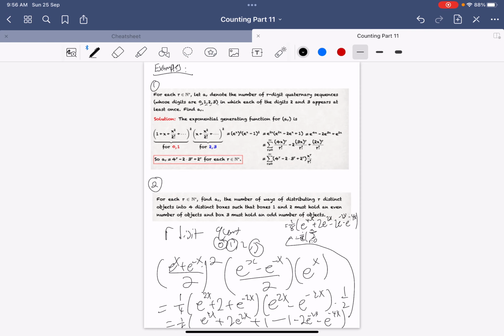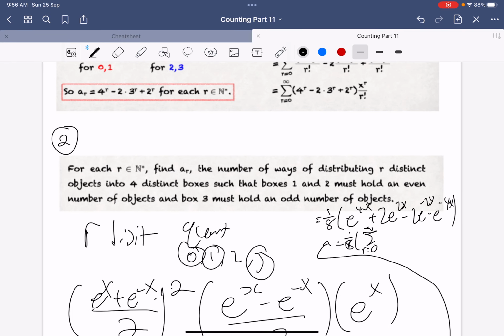So this e to the power 4x will become 4 to the power r, plus 2 times 2 to the power r, minus 2 times minus 2 to the power r, minus 4 to the power r.